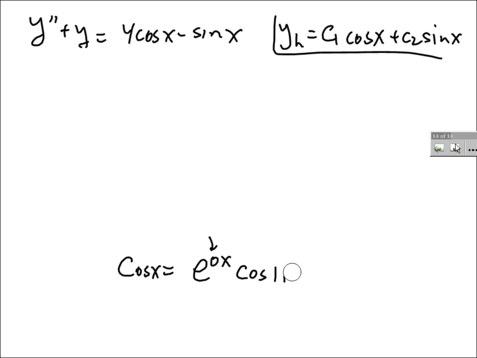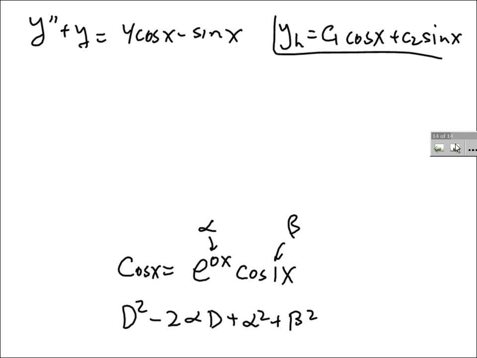That should be x, please. That 0 is a, thinking of that 1 being b. And when you plug that into D squared minus 2aD plus a squared plus b squared, you're going to get D squared plus 1. So if a is 0, that's going to be 0 and that's going to be 0. And 1 squared is just 1. So you have D squared plus 1.